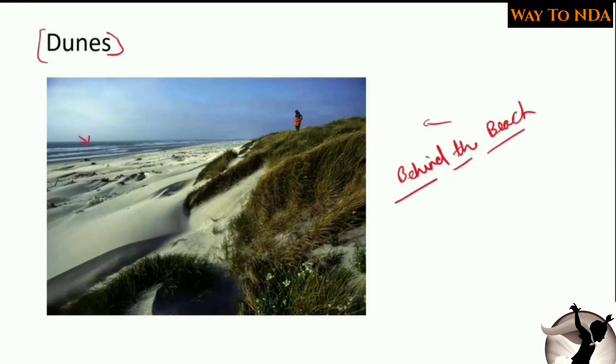First the silt gets deposited on the beach, and later on it keeps on moving backward and a dune is created. This type of dune you will find on some of the coastlines. It is not present everywhere.